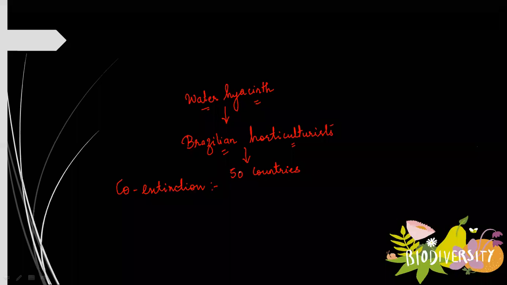Co-extinction. Now, what is this co-extinction? Think, for example, we depend on water, we depend on oxygen, yes or no? Think any one of these things vanishes away from the earth. What will happen?